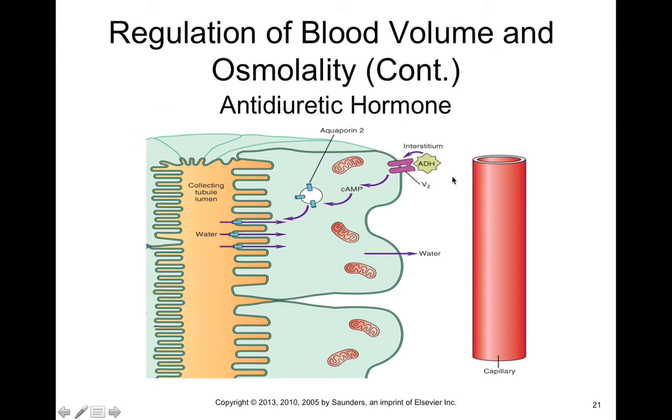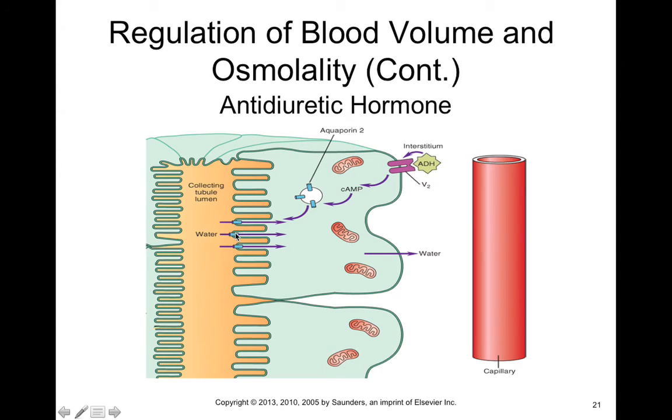The way this works is that ADH, released by your posterior pituitary gland, binds to receptors on cells here in the collecting duct of your kidneys. This leads to an intracellular signaling cascade that leads to the insertion of what we call aquaporin proteins in the collecting tubule lumen.